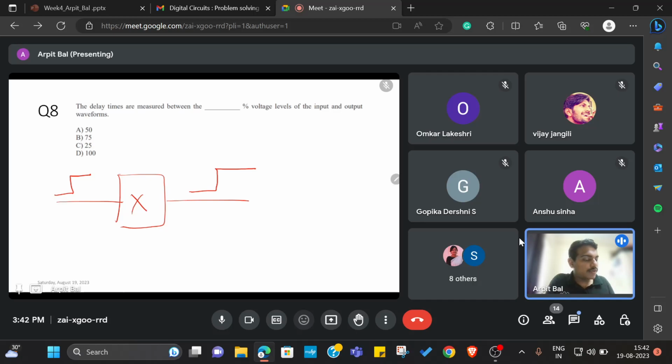So between the input and output voltage levels, between what percentage are we measuring the delays, right? So can anyone answer this question?